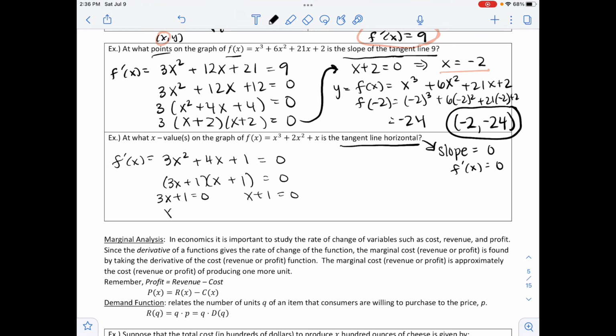So we get x equals negative 1/3 and x equals negative 1. And this problem is only asking for those x values and not points. But if you needed to find that ordered pair, you can substitute this back into that original given equation f of x for the y values.